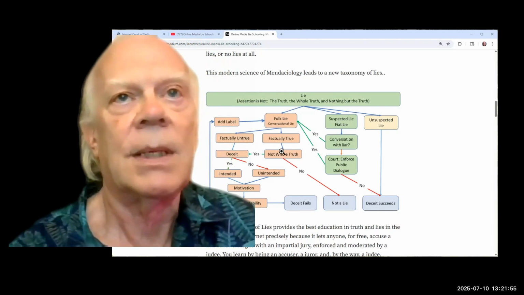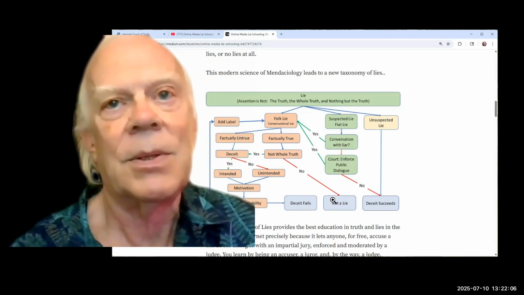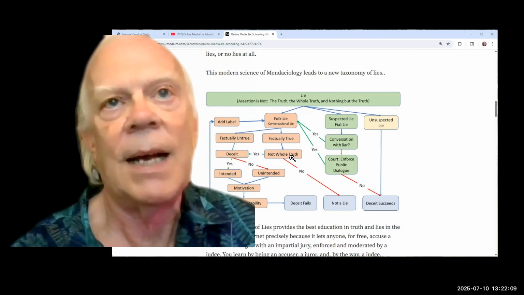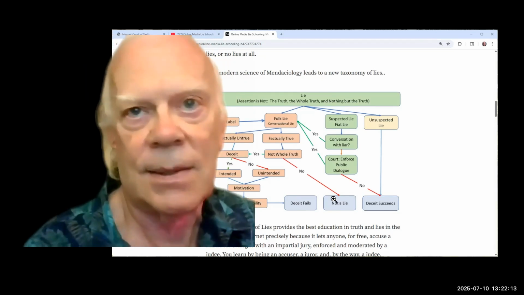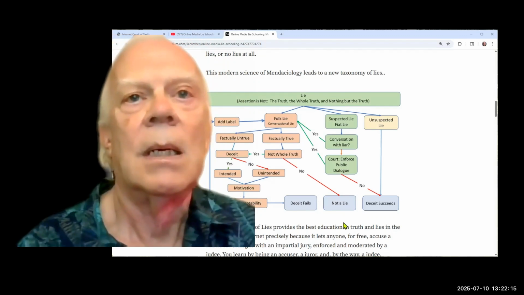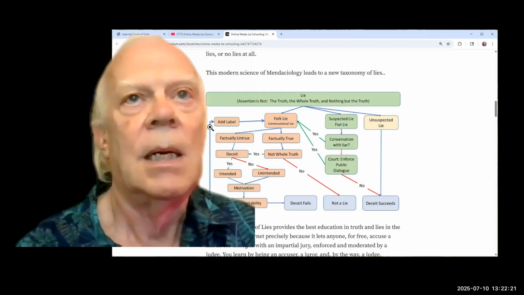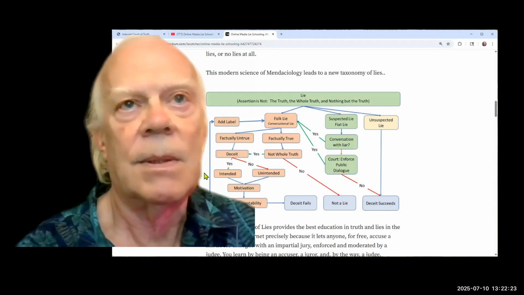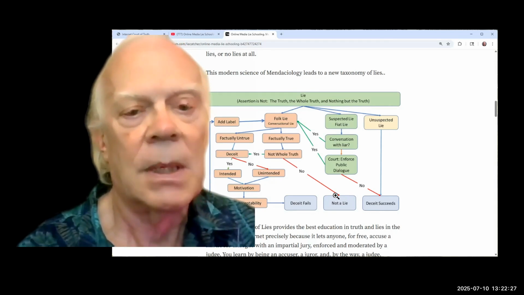If you go down to it, it says, is it factually true? Answer that question, then is it not the whole truth? If it is factually true and it is the whole truth, it's not a lie. So you have three outputs of the decision network. But what's important is the decision network itself is a classifier.